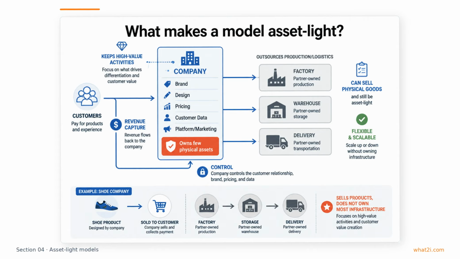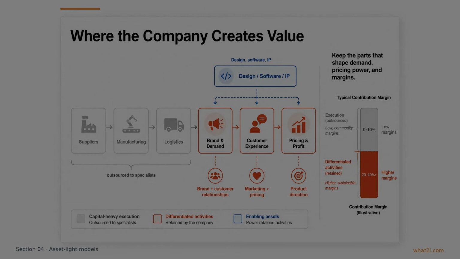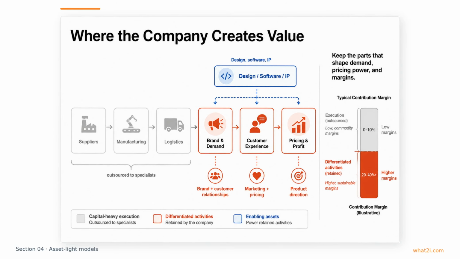For investors, that often means lower capital requirements, but it also means more dependence on external execution. Asset-light firms try to keep the parts of the value chain that are most differentiated and most profitable. That often includes brand, customer relationships, design, software, patents, pricing, and overall product direction.